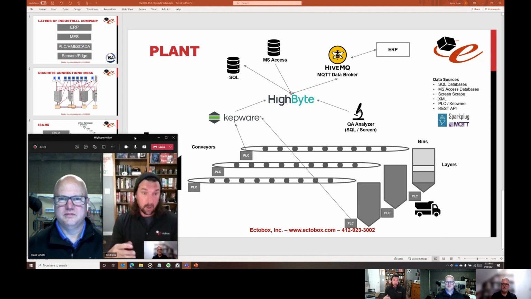It can let you model it right there through the user interface, and then push it out wherever you want it to go. In our case, to HiveMQ, but it could be going anywhere, honestly. So instead of rewriting those 30 applications that do things that have been done a million times before, HighByte just took care of all of it for us.